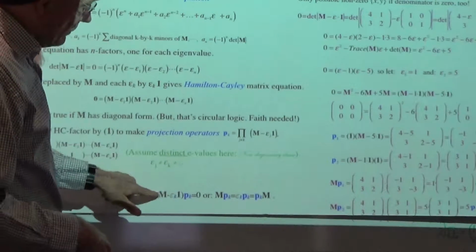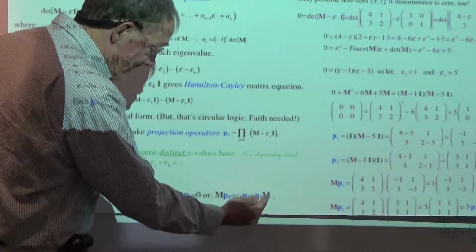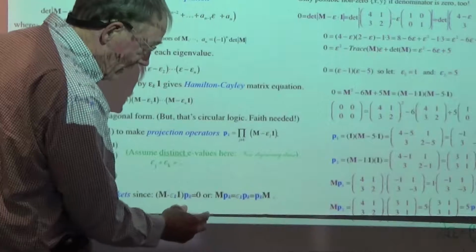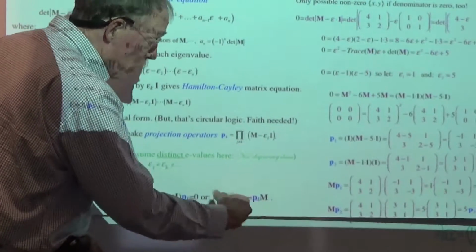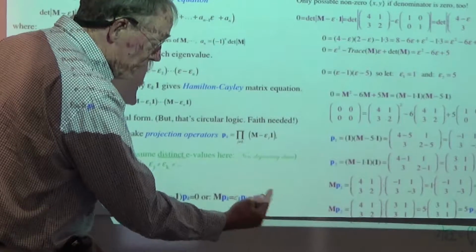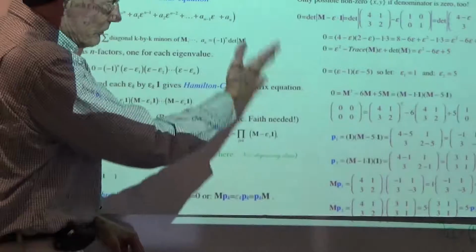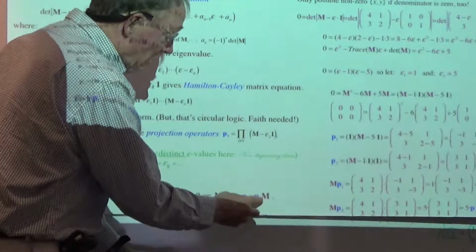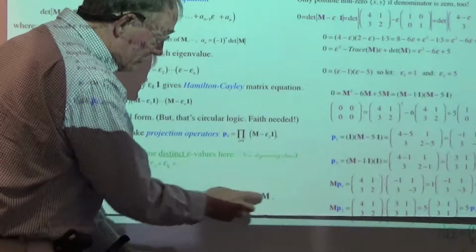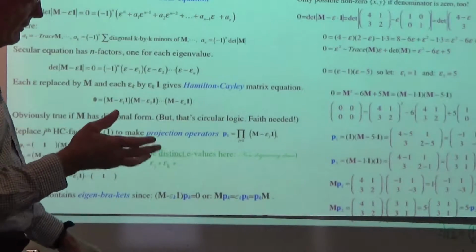So everything in here commutes with everything in there, so I can write it backwards. You see, I can put this thing on the other side, and so that means that this P times M going the other way, which at first doesn't look like it's going to be equal, because this matrix isn't symmetric, 1, 2, 3, 4, but it always will be. This is always true because of that super commutation I talked about.